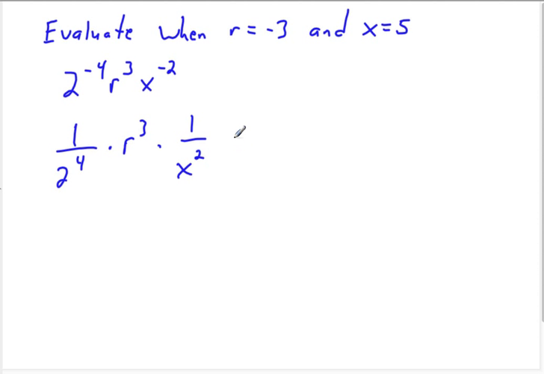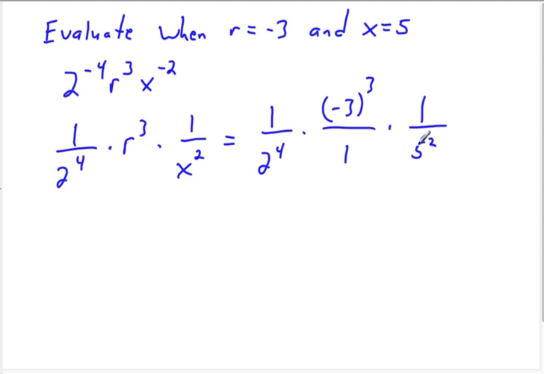Okay, now we can replace everything with numbers. So the r cubed is -3 cubed. So we have 1 over 2 to the 4th times -3 to the 3rd times 1 over, and then x is 5, so 5 squared.